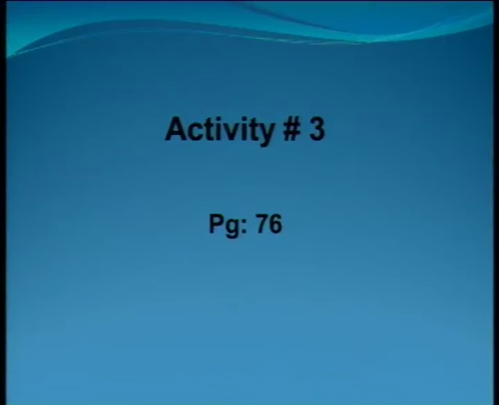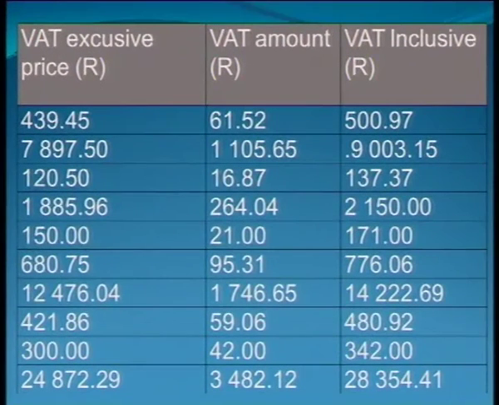Activity number 3. Let's look at page 76. In this exercise, you were requested to calculate your VAT amount, your VAT inclusive amount, and your VAT exclusive amount. Let's look at number 1. Your VAT exclusive amount was 439.45.